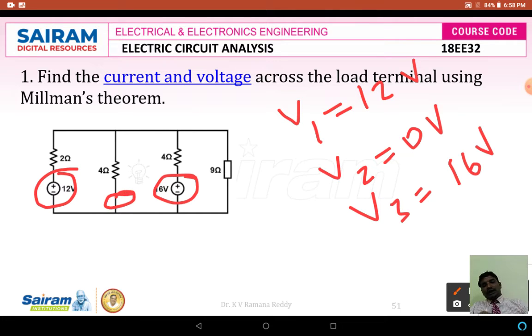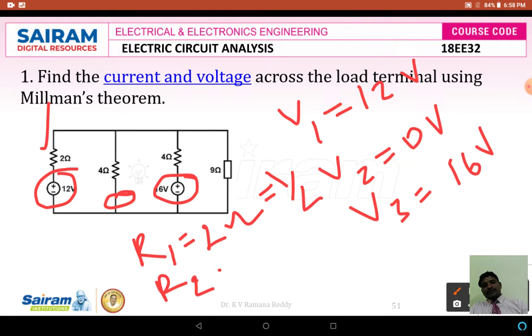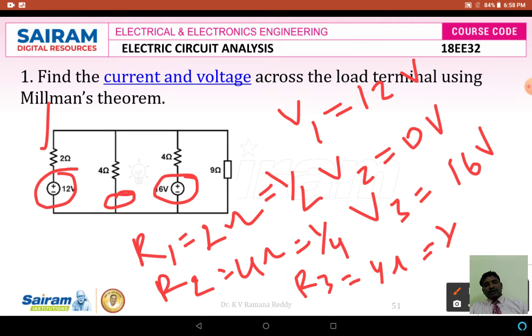R1 value they have given is 2 ohms, that means G1 becomes 1 by 2 mhos. R2 value is 4 ohms, then G2 becomes 1 by 4 mhos. R3 value is 4 ohms, then G3 becomes 1 by 4 mhos.